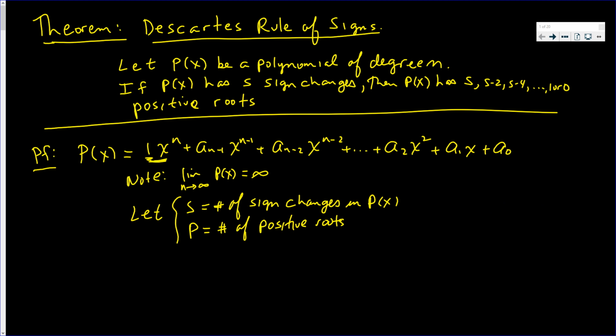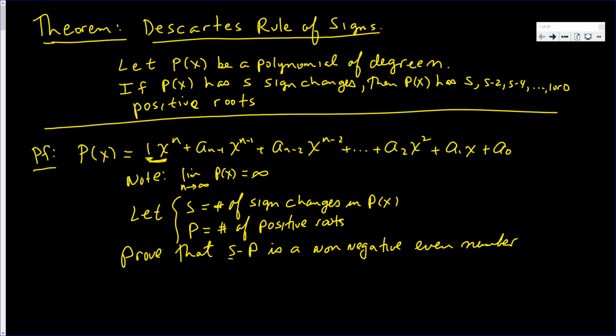Okay. So now, what I want to prove is the following. This is my goal. I want to prove that s minus p is a non-negative even number.